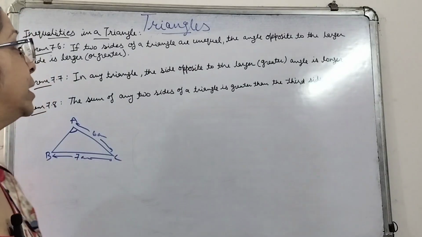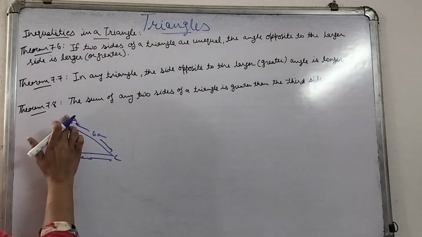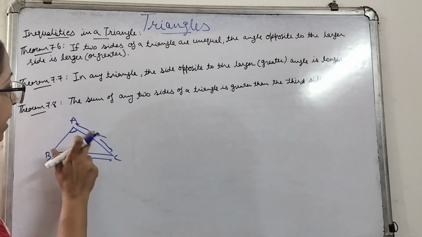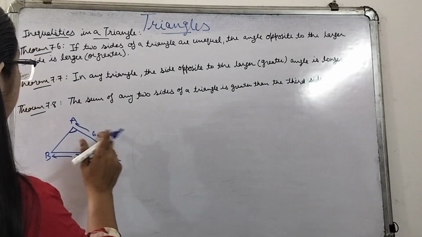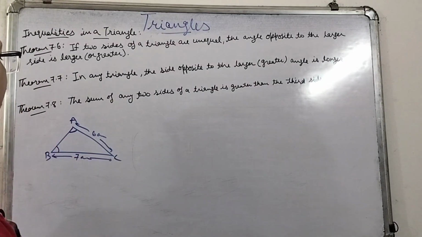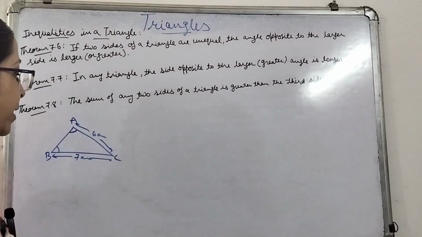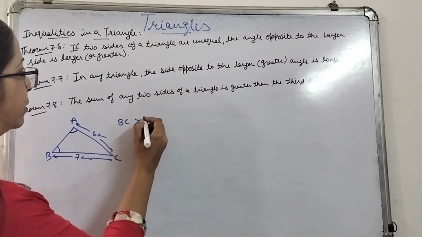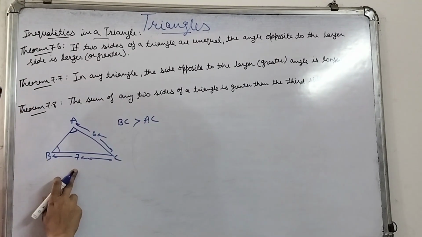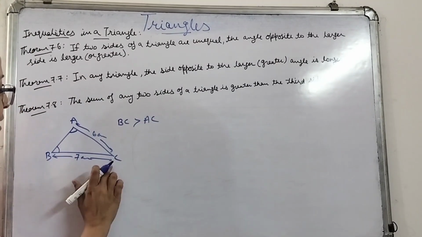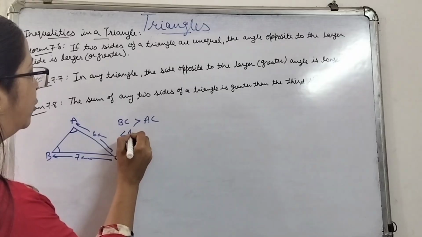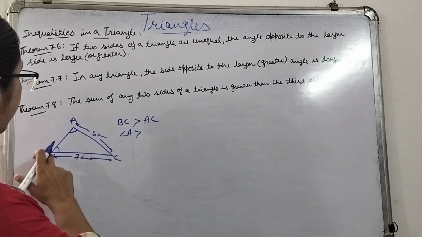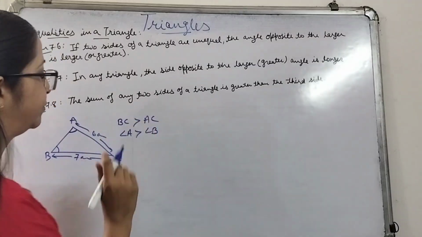That means if side AC is smaller than BC, then the angle opposite to AC, that is angle B, will be less than angle A. Since BC is greater than AC, the angle opposite to side BC, that is angle A, will be greater than the angle opposite to side AC, that is angle B.